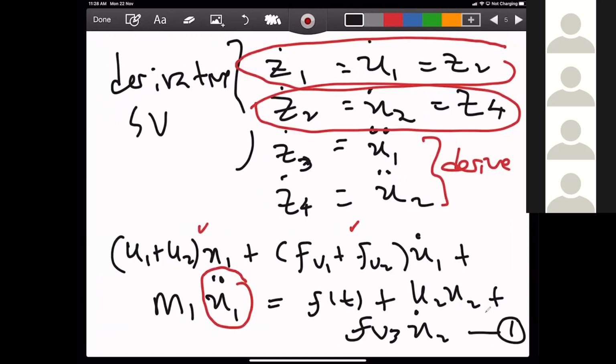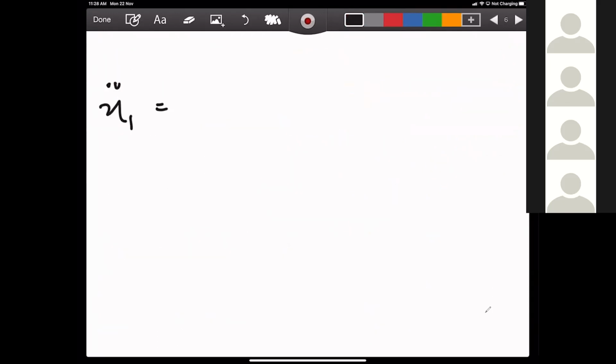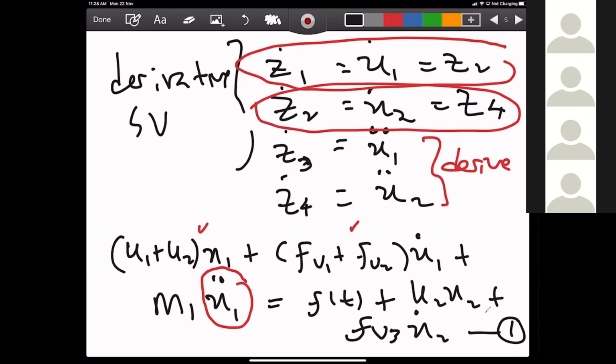X1 double dot equal to minus K1 plus K2 X1. Betul? Then plus K2 X2.